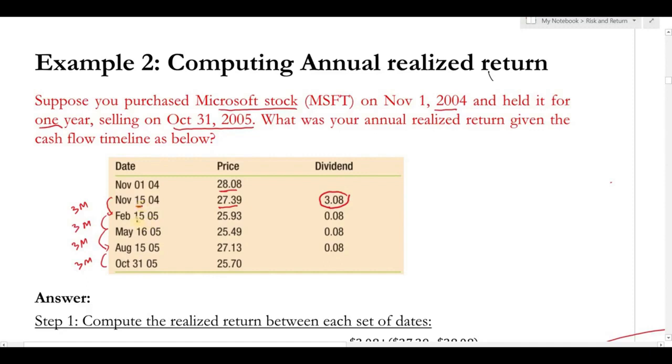Next quarter, after 3 months, on February 15, the stock price was 25.39, and the company also paid some dividend. On May 16, the next quarter, the price was this one, and 0.08 was the dividend, and the next quarter again in August it was 27.13, and there was a dividend. So if you see, there are four dividends because in a year the company is paying quarterly dividends.